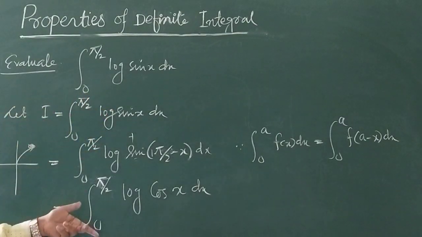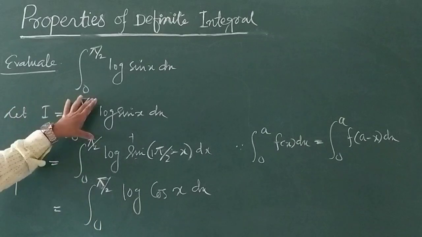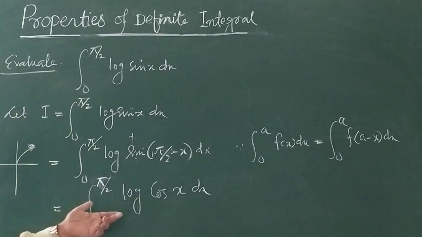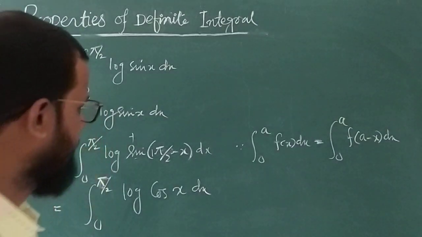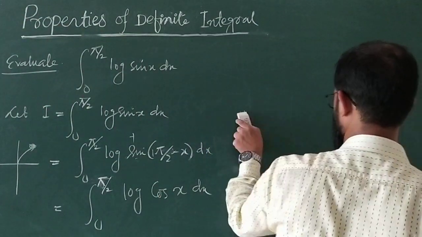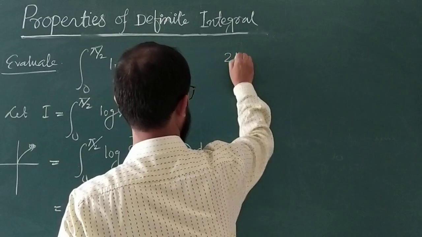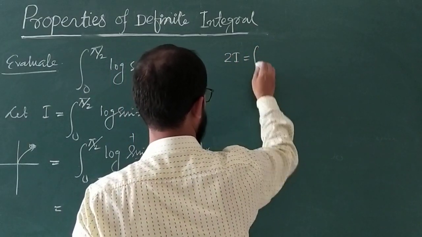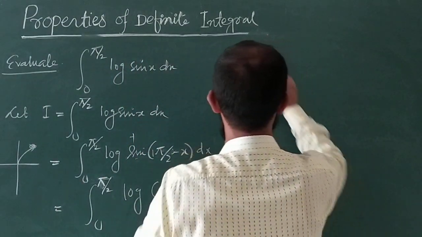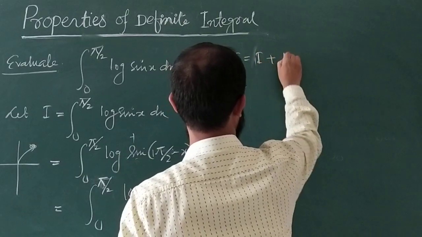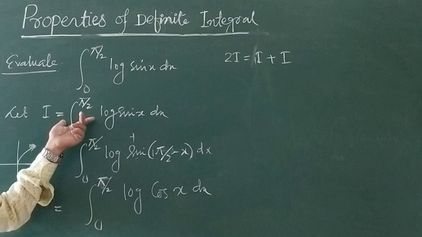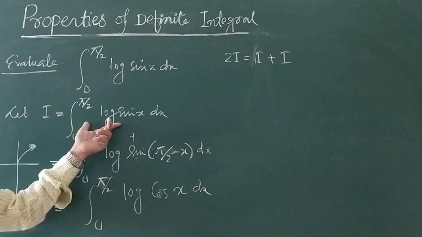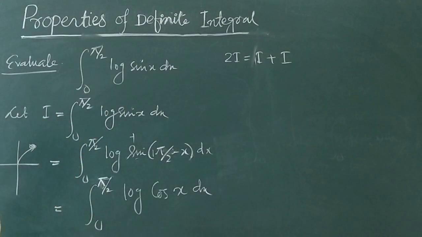Okay, so this is your original integral. After using the property you get this integral. This is your I, so equality is there, so that is also I. Let us use the twice I rule, I plus I. Twice I equals I plus I. The first I can be replaced by this value and the second I by that value.